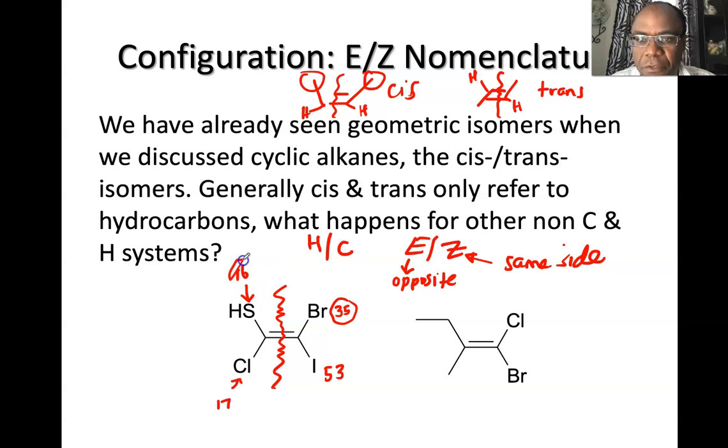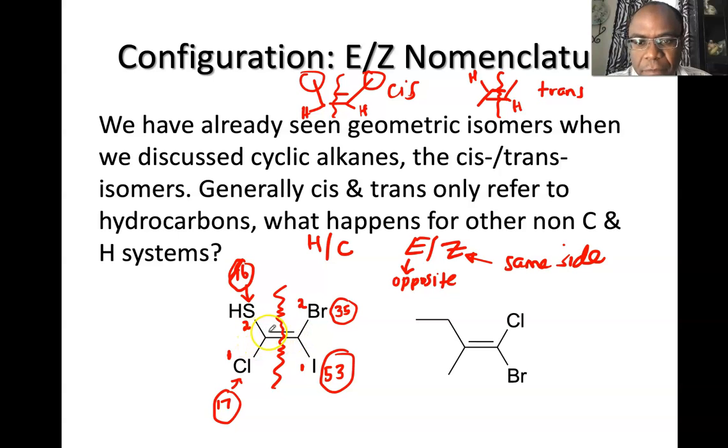Now that we know the atomic numbers, we can assign priorities on one side and the other side. Since iodine has a higher atomic number than bromine on the right side, iodine will get priority 1, and then bromine will get priority 2. Then come to the left side. Chlorine has a higher atomic number than sulfur, so chlorine will get priority 1, sulfur will get priority 2.